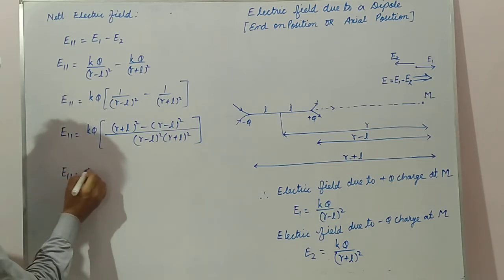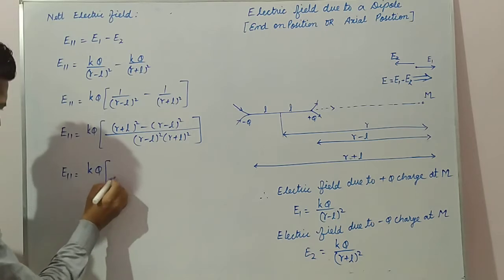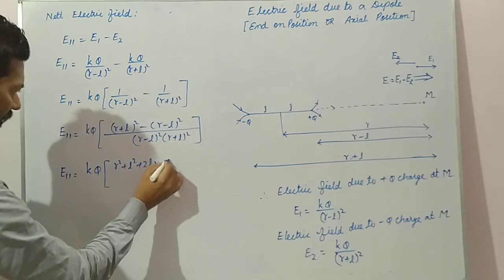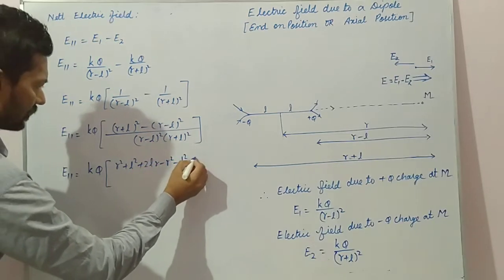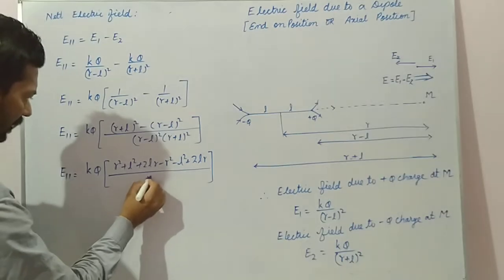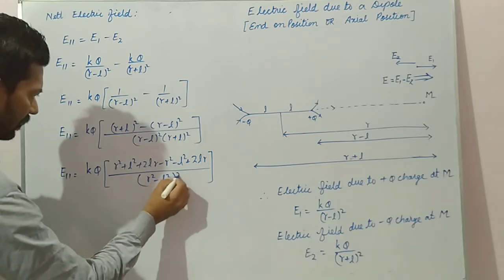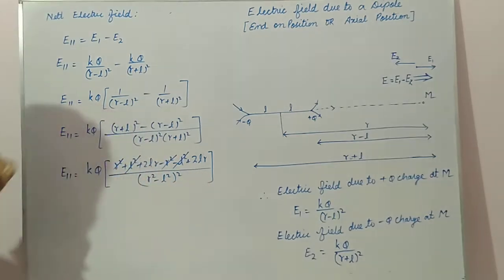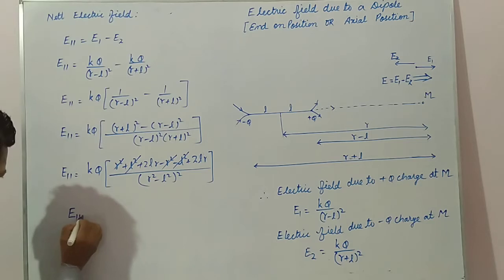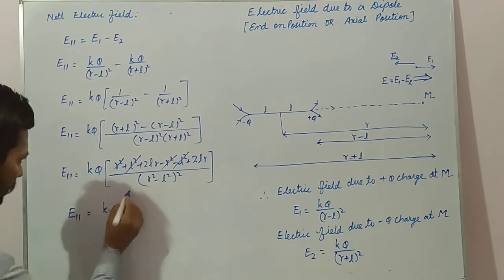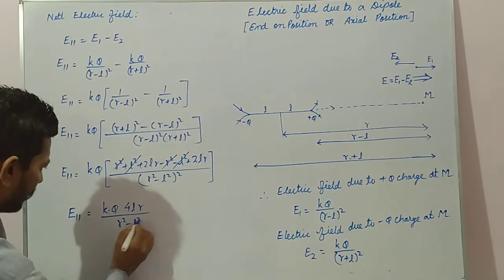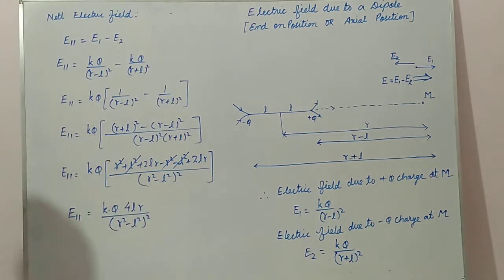Or we can write this as kq times [r square plus l square plus 2lr minus r square minus l square plus 2lr] by (r square minus l square) the whole square. It will cancel out. So electric field is kq times 4lr by (r square minus l square) the whole square.